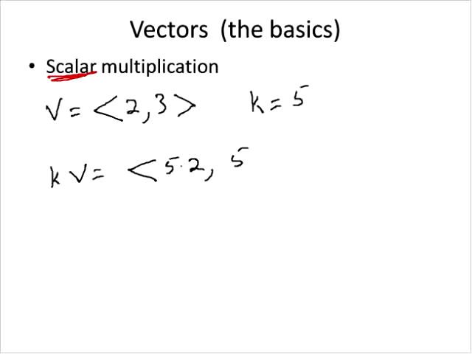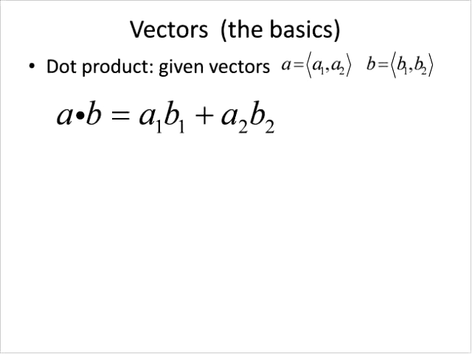So 5 times 2, comma, and 5 times 3. So the scalar multiplication k times v is the vector <10, 15>. Essentially what you're doing is just lengthening this vector. When you multiply it by a scalar, you're just going to lengthen it, unless it's negative, in which case you can reverse its direction.